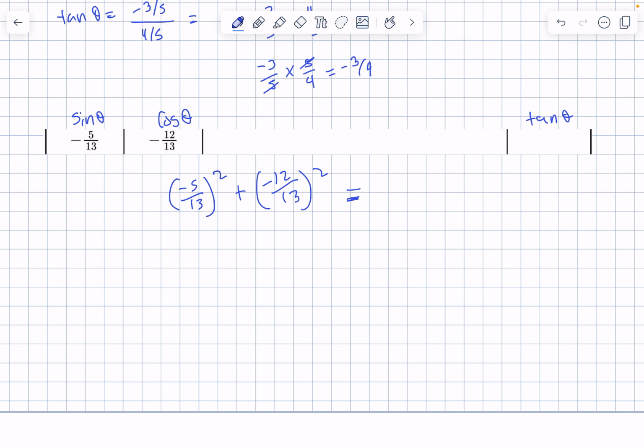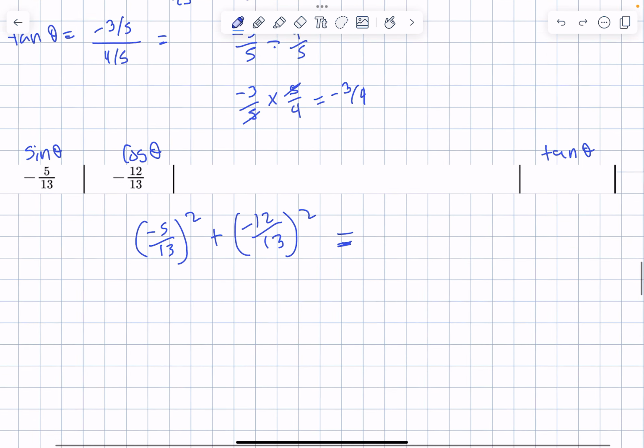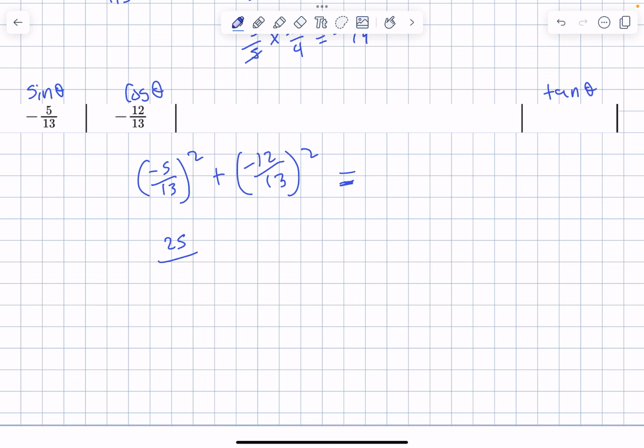Let's verify that. This is 25 over 169 plus 144 over 169. So this should be 169 over 169, equal to 1. True statement, so we verified that.